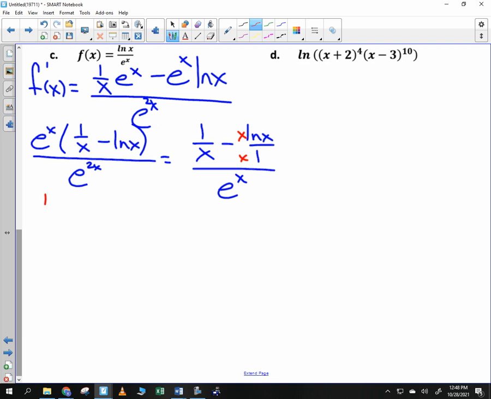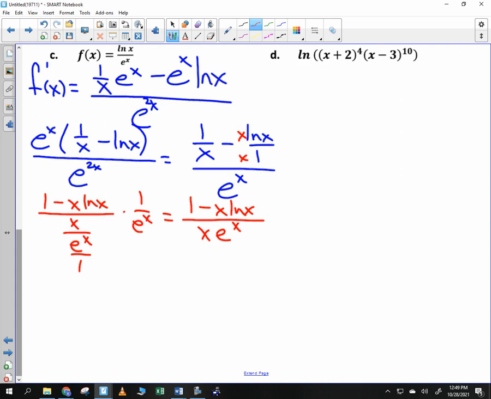Notice we get 1 minus x natural log of x over what? x over e to the x over 1. So I now have one fraction over one fraction. What do you do then? Multiply by the reciprocal. So we get 1 minus x natural log of x over x e to the x.